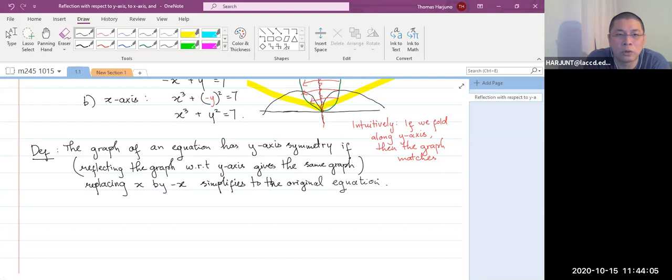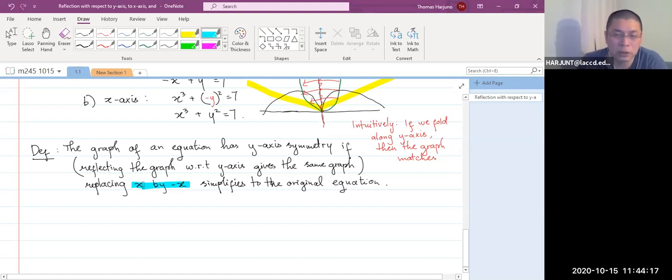Okay, so the graph of the equation has y-axis symmetry if what you do is you flip that. You reflect that with respect to the y-axis. It is by replacing x by negative x, and see if you get the original equation.